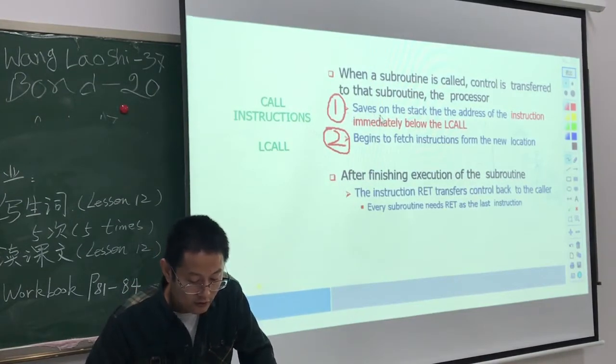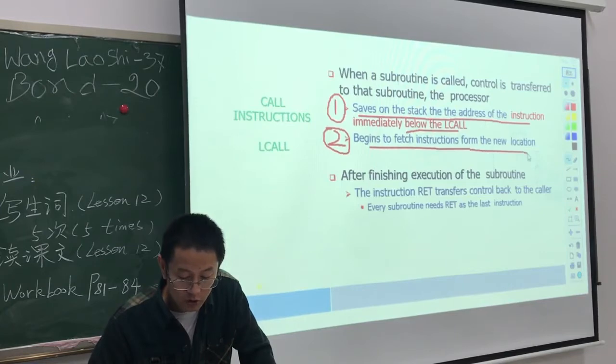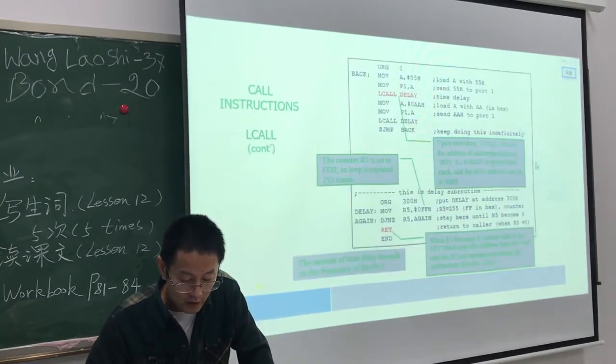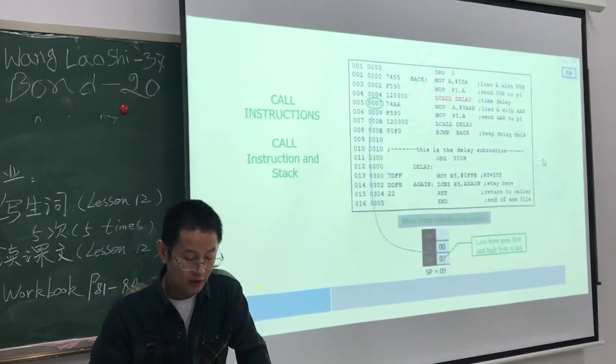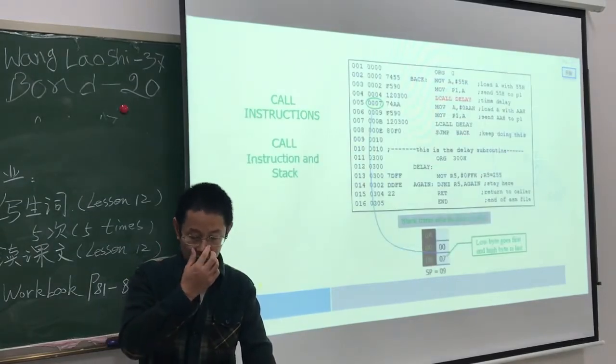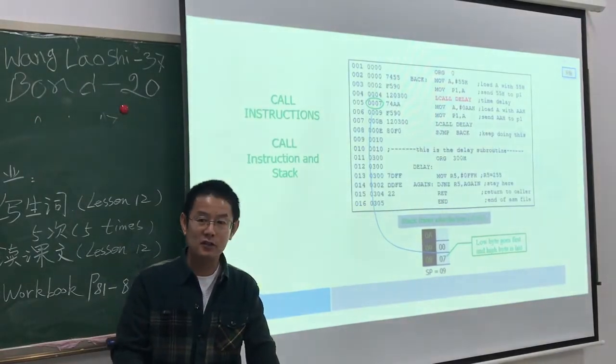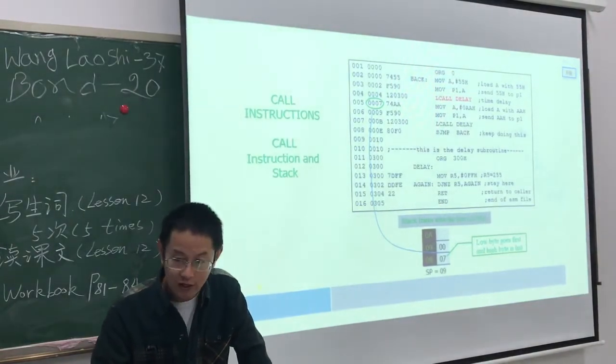Firstly, save on the stack the address of the instruction below the call. Second, begin to fetch instruction from the new location. If you are interested, you can access this program after I give it to you. Okay.